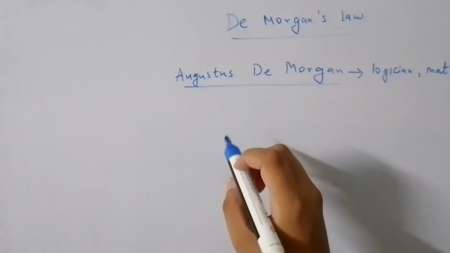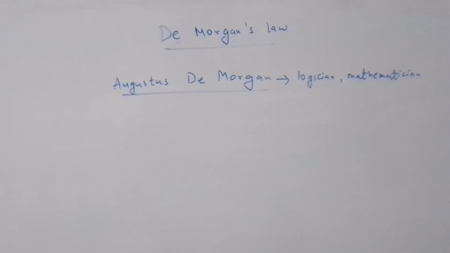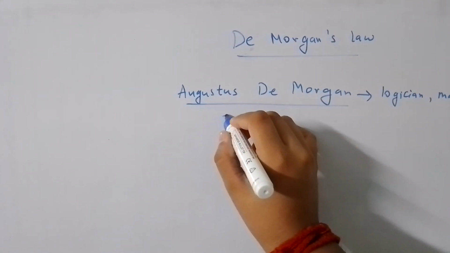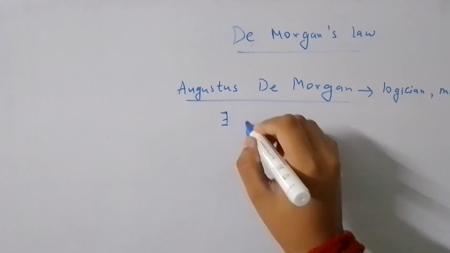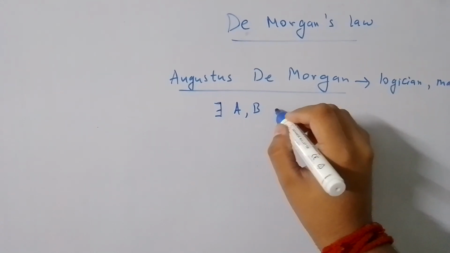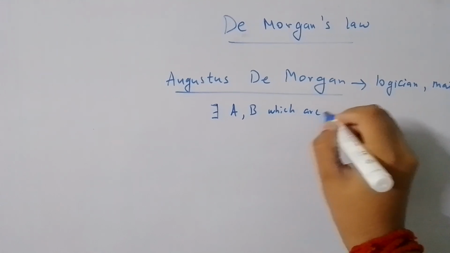Now he gave two laws in the set theory. What are the two laws? If I say there exist A and B, which are sets.